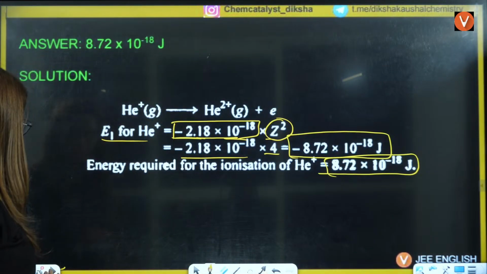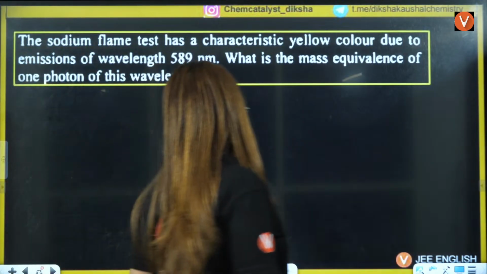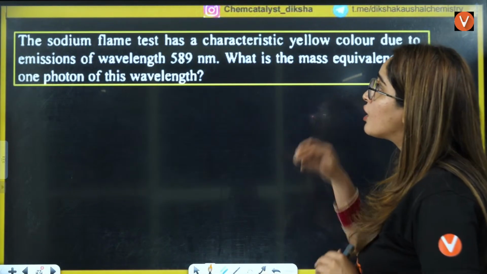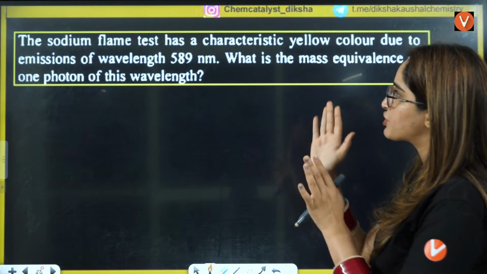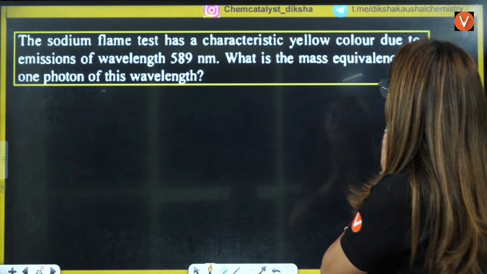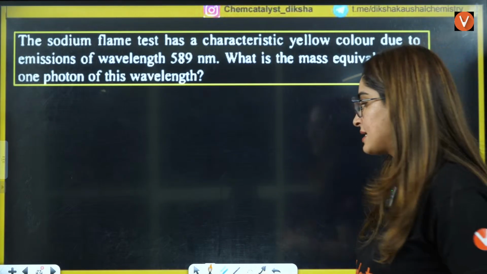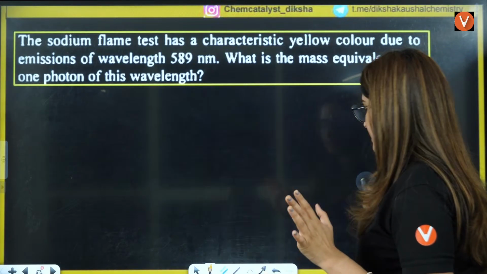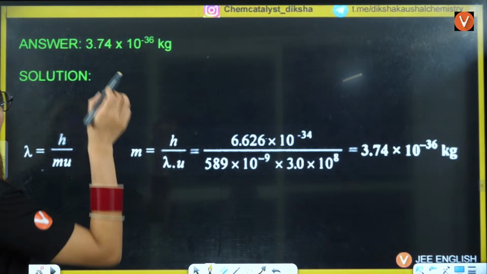Okay. Next is the sodium flame test. Here they're talking about the sodium flame test having a characteristic yellow color due to emission of this wavelength. What is the mass equivalence of one photon of this wavelength? The wavelength is given, right? We know the formula of energy with photon, so directly we'll apply that.